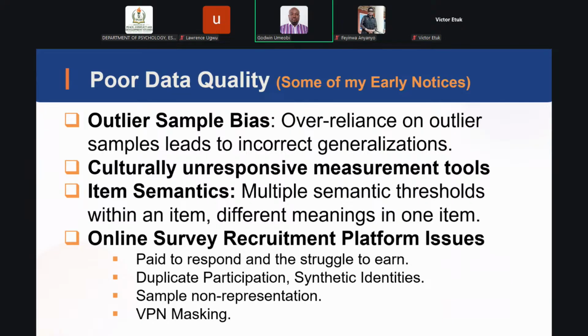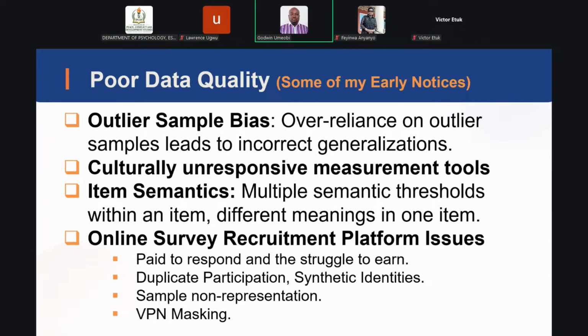So some people will begin to expand that way. Some of our people, especially the Igbos, and our Nigerian mentality will begin to play out, and people will begin to duplicate their participation. Instead of responding to only 5 or 10 surveys in a day, they open different accounts with different emails and different phone numbers.